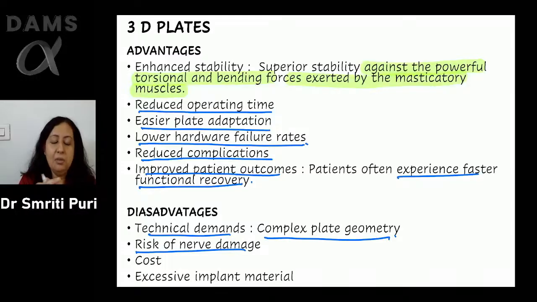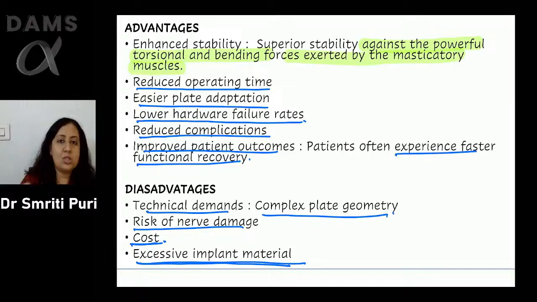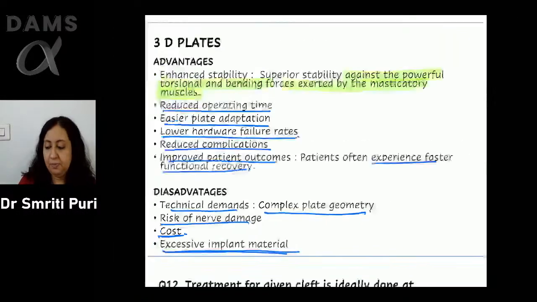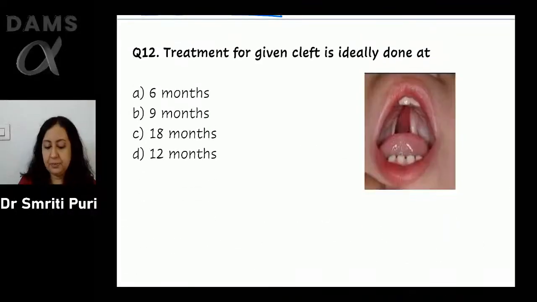But a 3D plate is preformed, so you cannot adjust it because it is bulkier, bigger in size, and expensive, and there is excessive implant material. Because there are crossbars in the 3D plate, it has excessive implant material. That is all that you need to know about 3D plates.